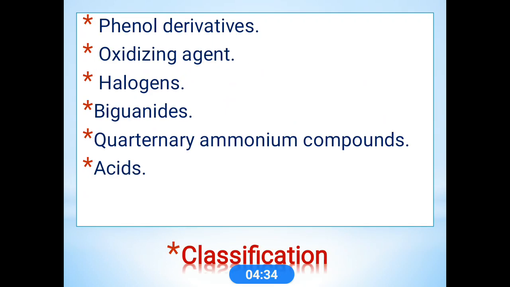Next we move to the different classes of antiseptics. The first category is the phenol derivatives, where carbolic acid is the first used antiseptic.